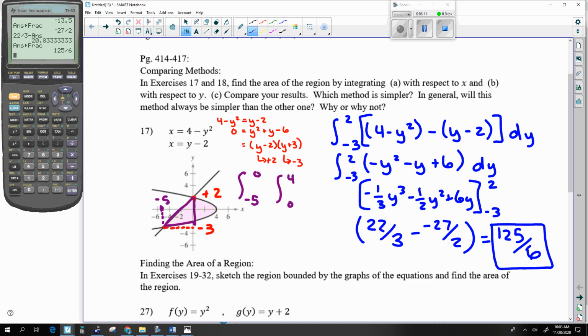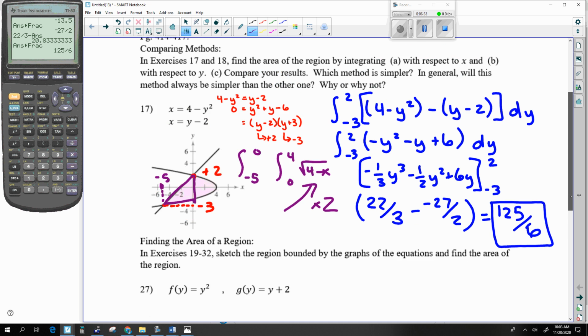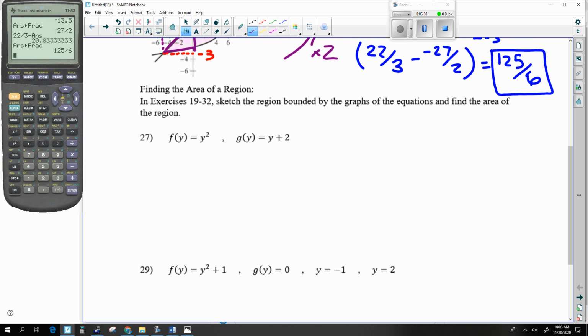That would be the positive square root of 4 minus x, which again, it's just nasty in its own right. And then I have to double that. So take care of it in one easy equation in this case. All right.